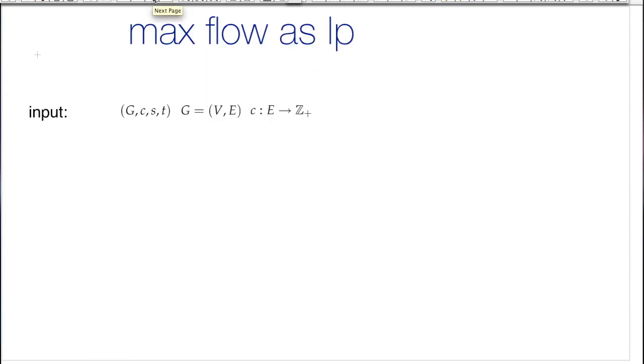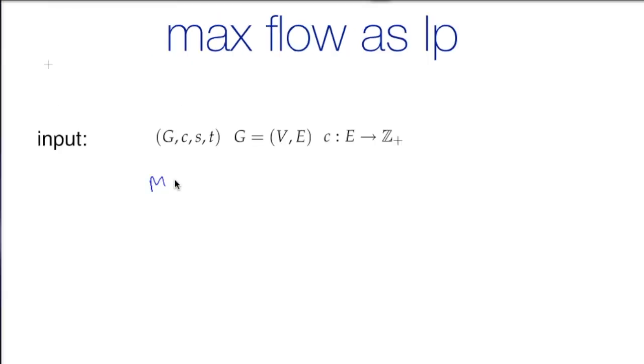Let's consider max flow. How would we express max flow as an LP? What we want to do is maximize the flow that leaves the source. So we can basically say maximize the sum over each vertex of FSV, subject to a bunch of constraints.